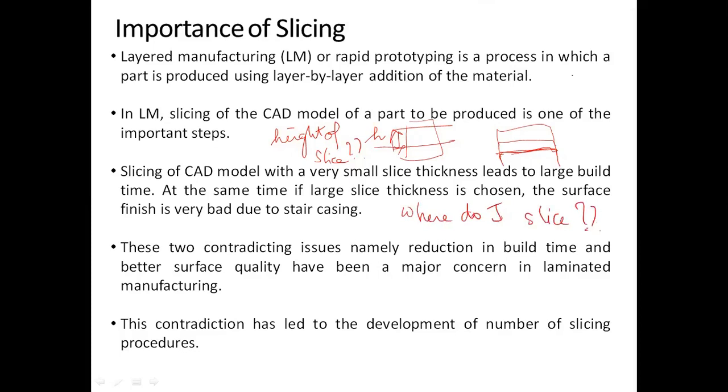Because what happens is, if I have a product like this, and I go for uniform slicing, I get a slice over here like this. I get a slice like this. And this slice contains a critical feature. So where do I slice?